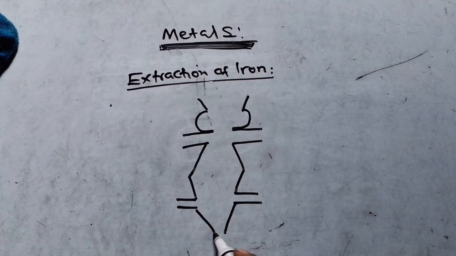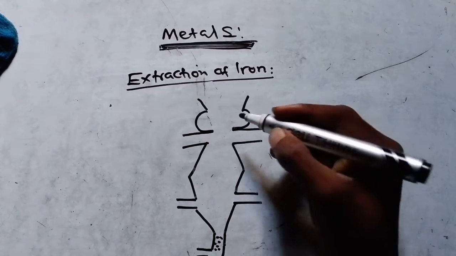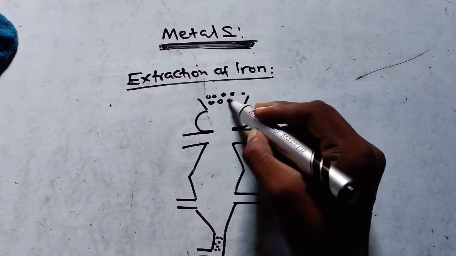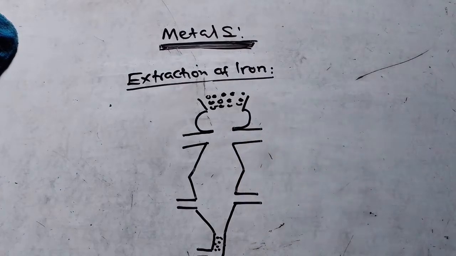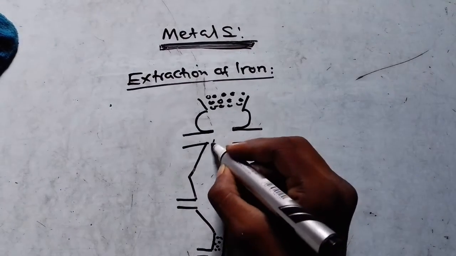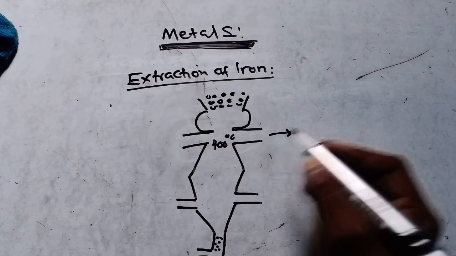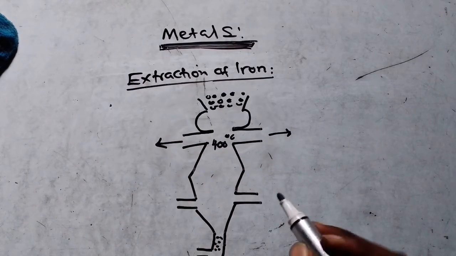So this is just a rough diagram of the blast furnace that we use to extract iron. Then here we have our temperature, which is 400 degrees Celsius. Then you have these arrows. Don't worry, you will understand these arrows.